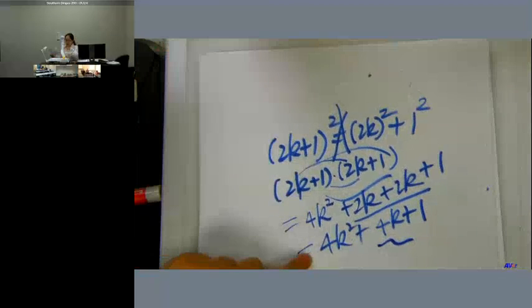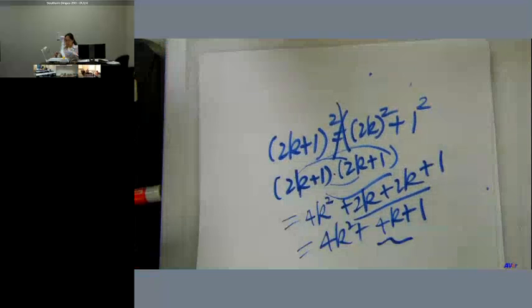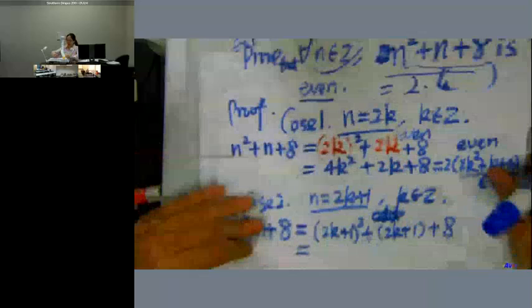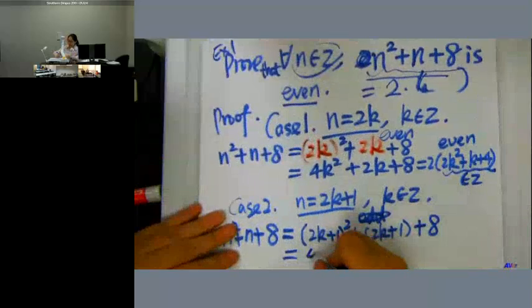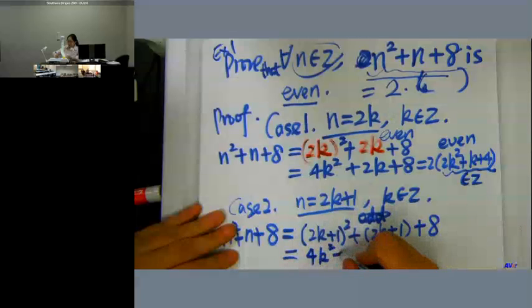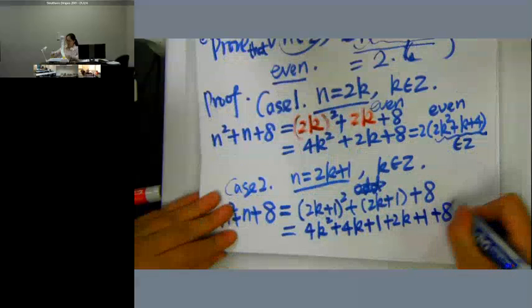So I'm going to copy this down to my problem: 4k squared plus 4k plus 1, plus 2k plus 1 plus 8.